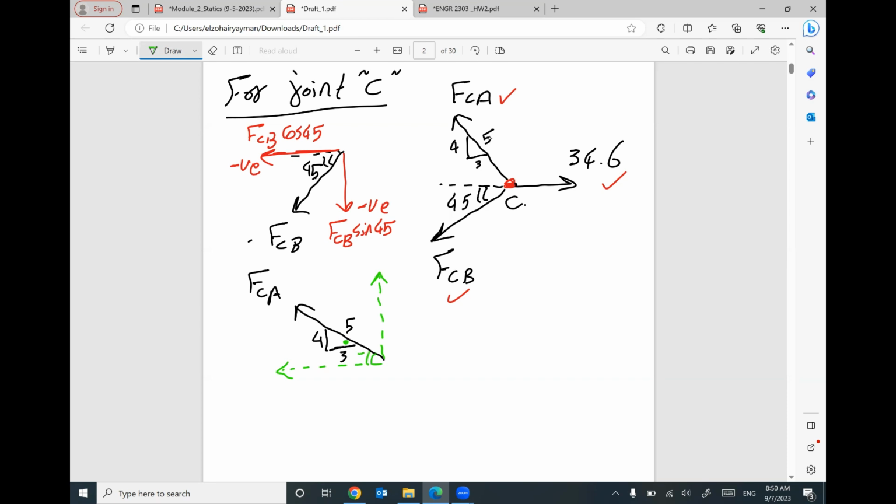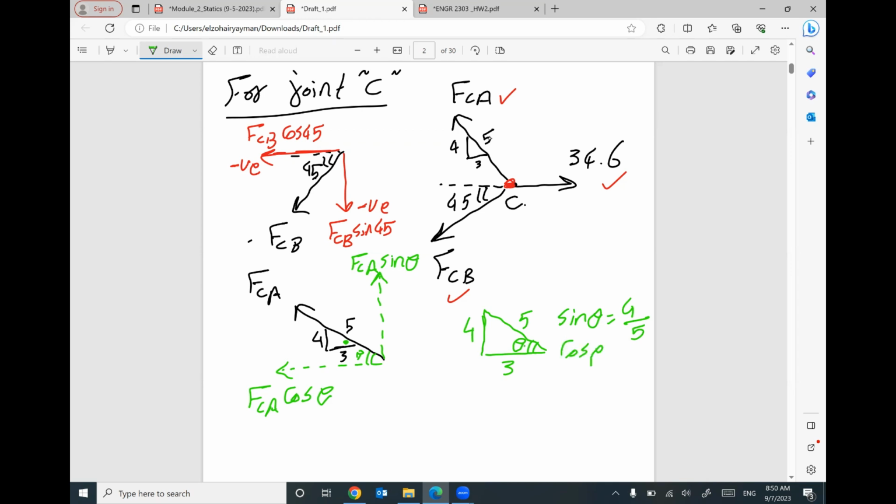So if this is your angle theta, this component will be FCA cosine, and the other component will be FCA sine. From this right angle triangle, 3-4-5, based on your selection of the angle theta, sine theta equals 4/5, the opposite for theta is 4.